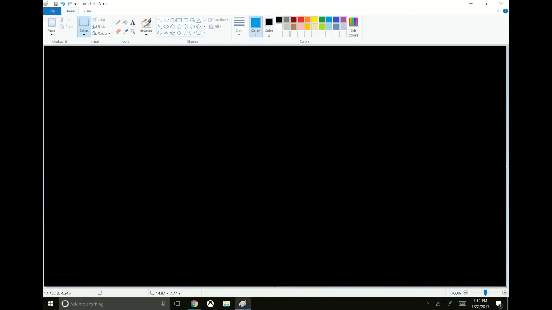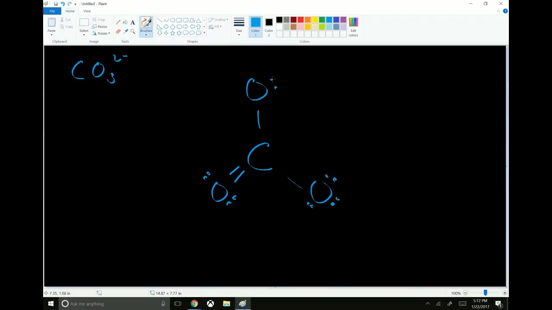So let's make a slightly simpler image. Let's go back to looking at carbonate, CO3 2 minus. Recall perhaps that carbonate has oxygens like this. And I said that time that it didn't matter which oxygen you chose.